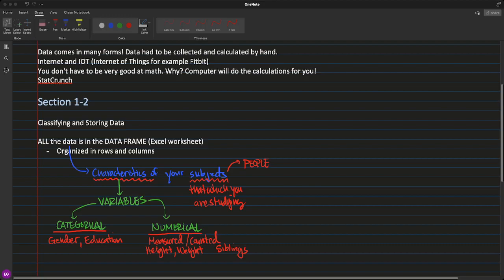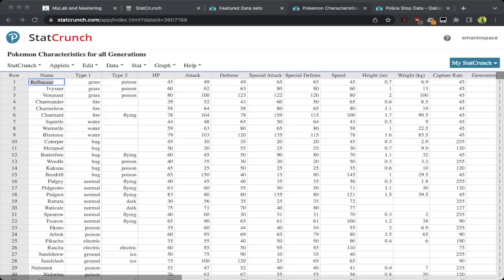Okay, here we are in StatCrunch, and this is a data set or a data frame about Pokemon. Notice it's organized in rows and columns. So here we have a column for attack.